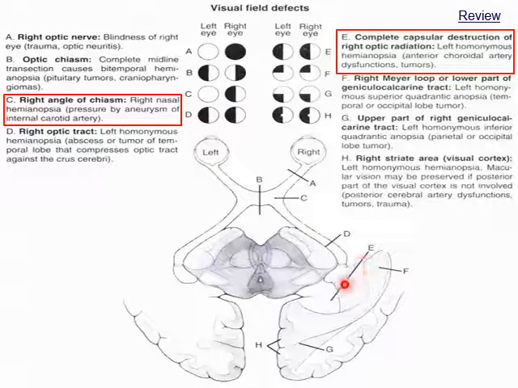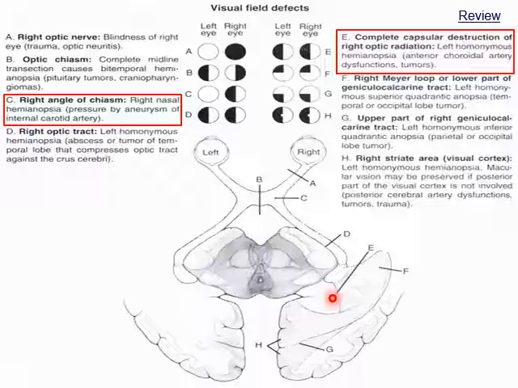When you cut through the optic radiation, just from the first point of the optic radiation, that means you are cutting the whole fibers, whether they are going to the upper or the lower, from the origin when they just emerge from the lateral geniculate nucleus.